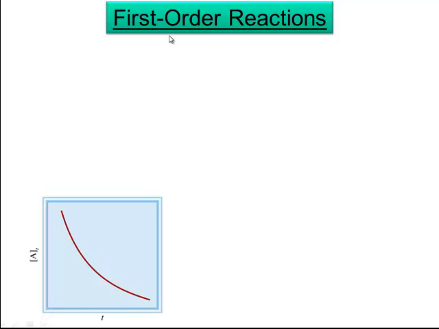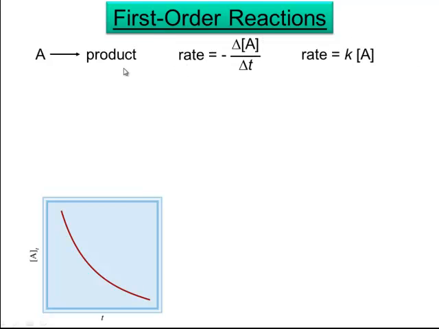Now, what is a first order reaction? A first order reaction is a reaction in which the rate of the reaction is directly proportional to the concentration of only one reactant raised to power 1. The rate constant therefore can be written as the rate of the reaction divided by the concentration of the reactant.